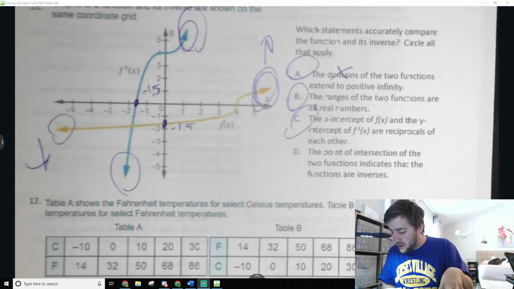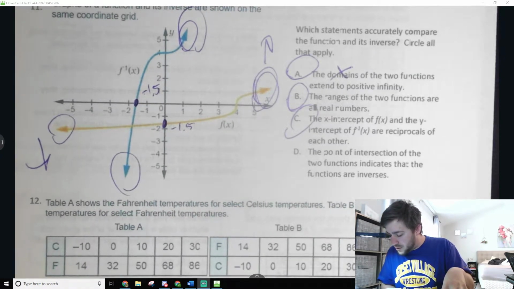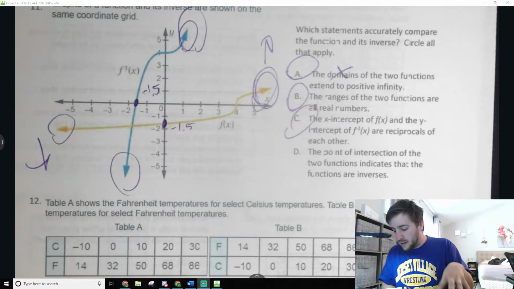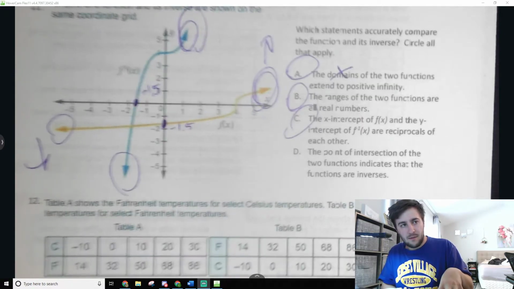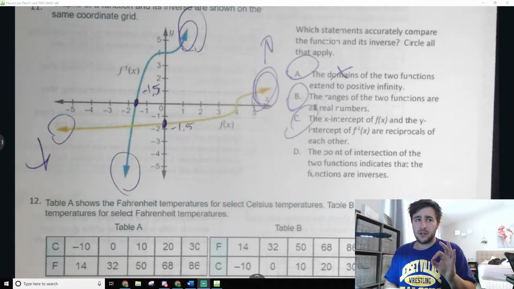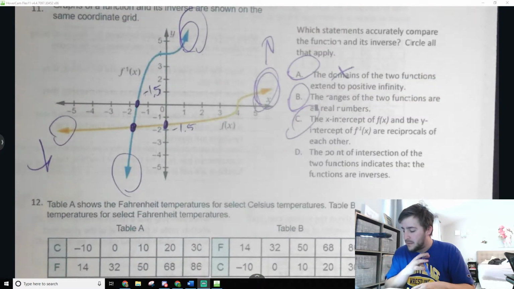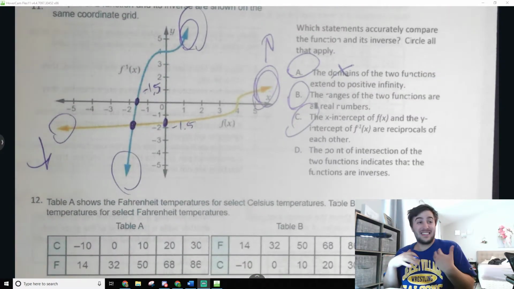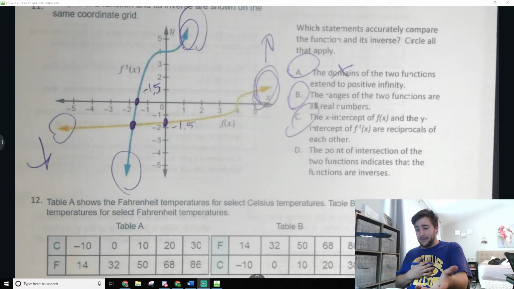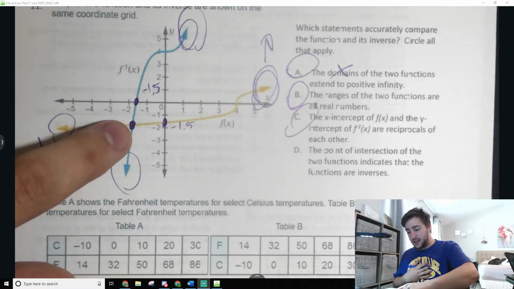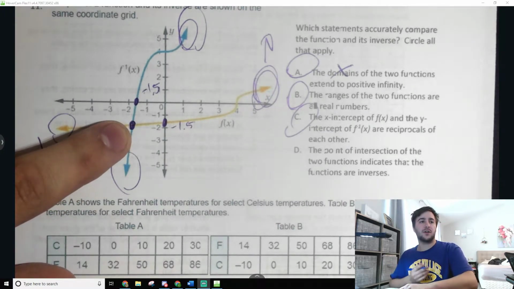Let's see. The point of intersection of the two functions indicates that the functions are inverses. Okay, this is a weird question. It's saying the point of intersection of the two functions, so this guy right here, indicates that the functions are inverses.